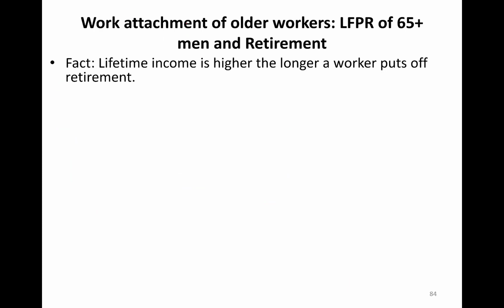Let's talk about the work attachment of older workers. We're talking about people who are 65 and older and their retirement. Here's a fact: lifetime income is higher the longer a worker puts off retirement. If you retire at 70 versus 50, you're going to have a lot more lifetime income.